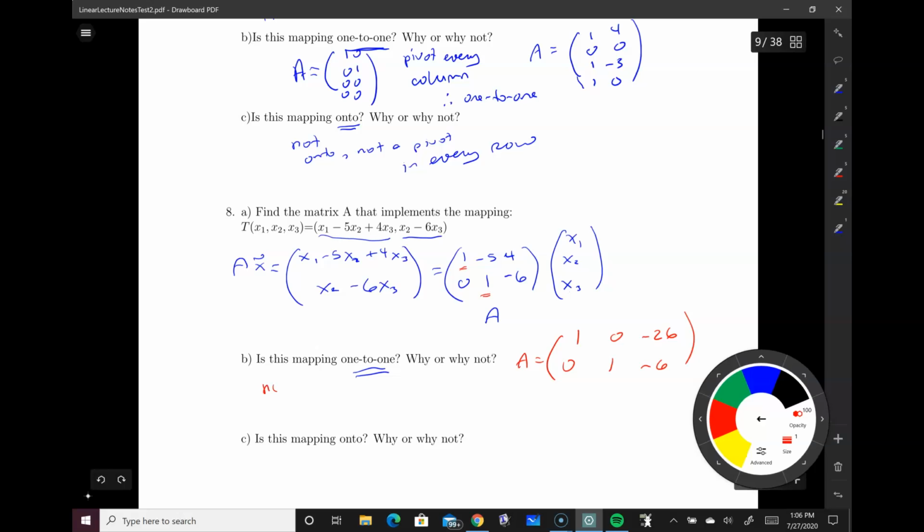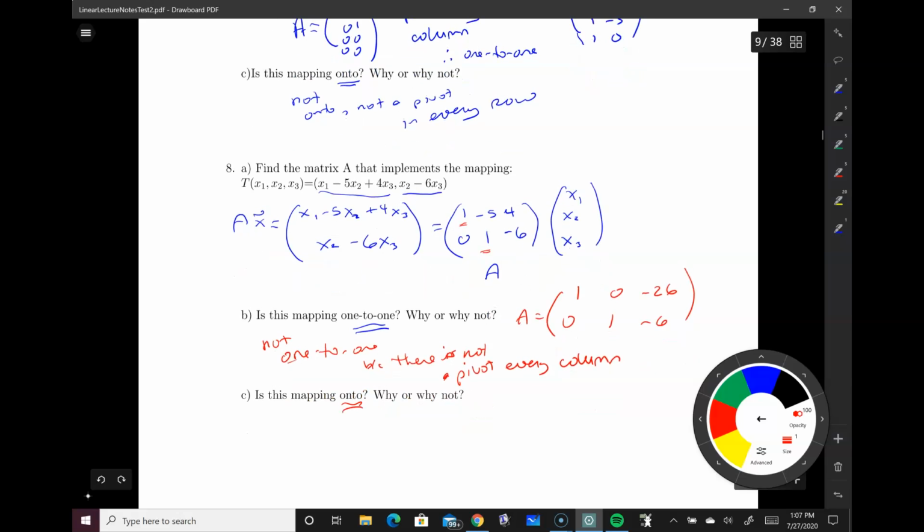It is not one-to-one because there is not a pivot in every column. How about onto? Is this mapping onto? Yes, it's onto because there is a pivot in every row.